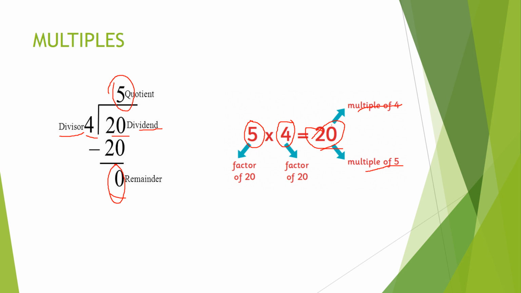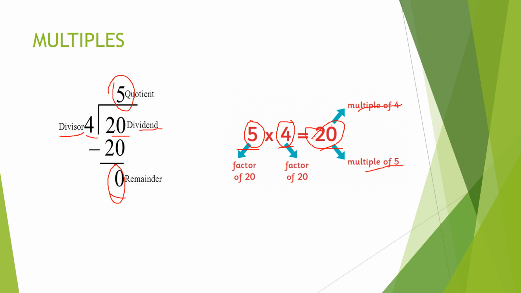So when I say multiple, it means that this particular number goes in the table of both these factors. Basically, the tables themselves are called the multiples of that particular number.